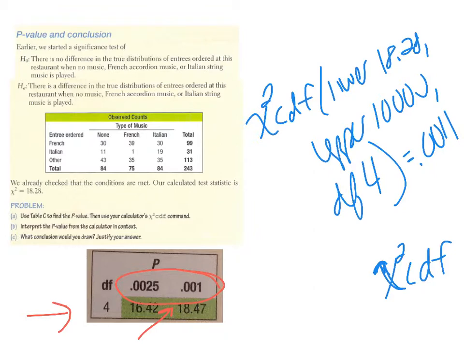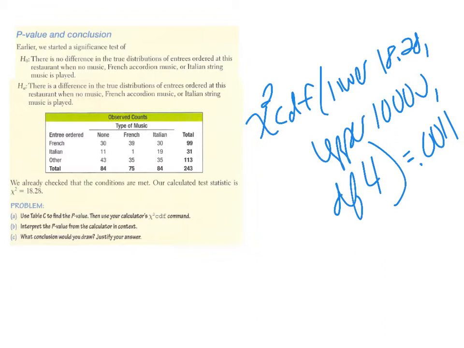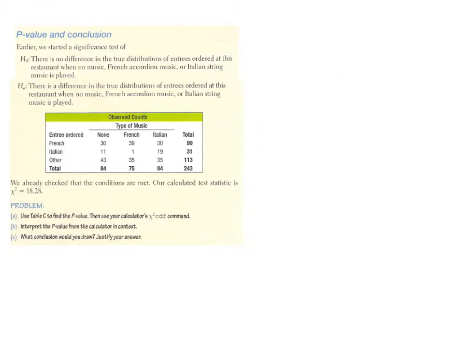So let's first look at part B though. Part B has us interpreting that p-value in context, which I think is still kind of an issue for some people. Remember, on that blue inference chart that you were given, it gives you a way to interpret your p-value. The first thing you need to do is assume the null is true.